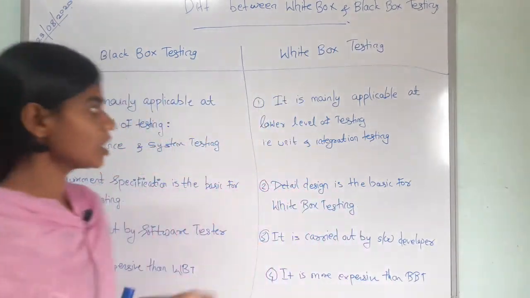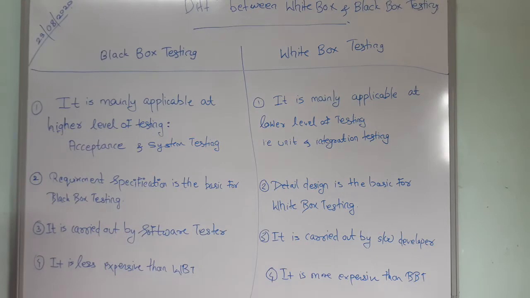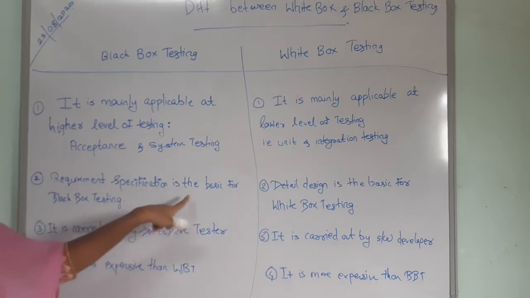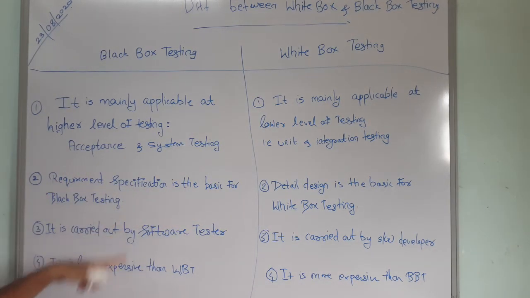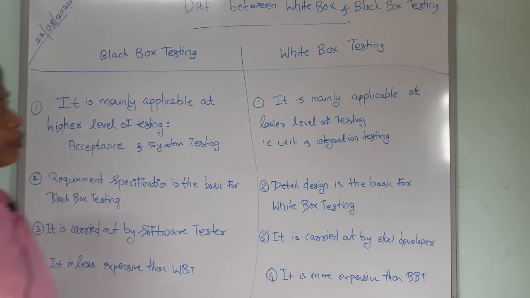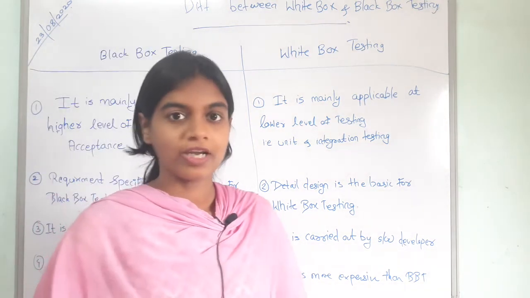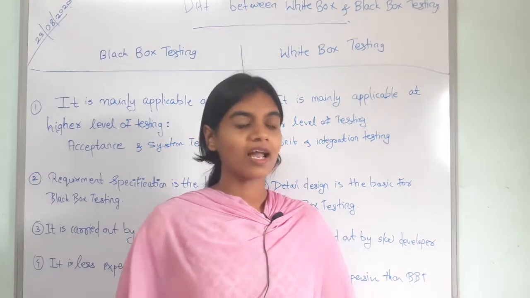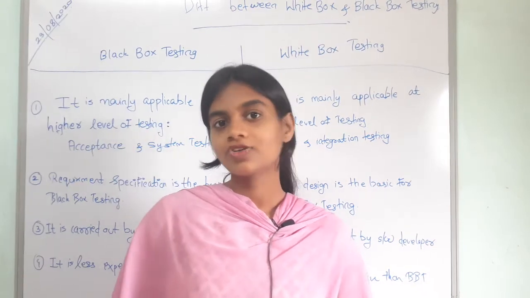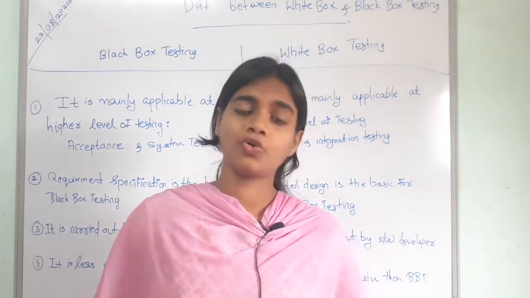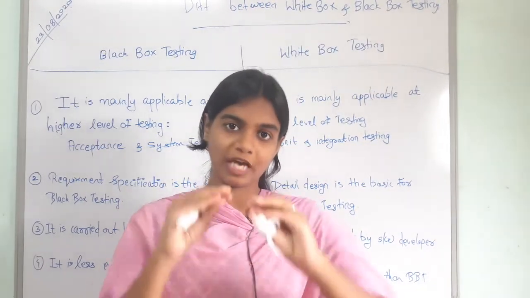Now we go to the second point: requirement specification is the basis for black box testing. In black box testing, I told you, it checks the functionality of the software product, which means at last checking whether the user requirements are fulfilled or not.